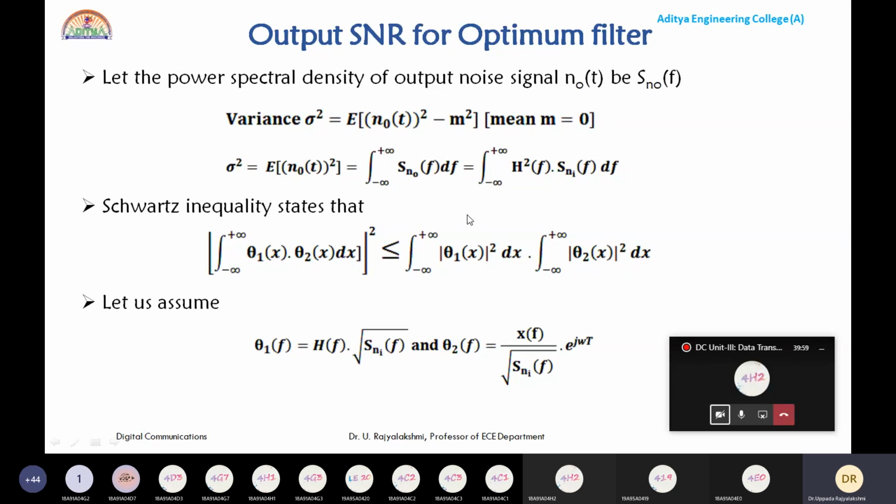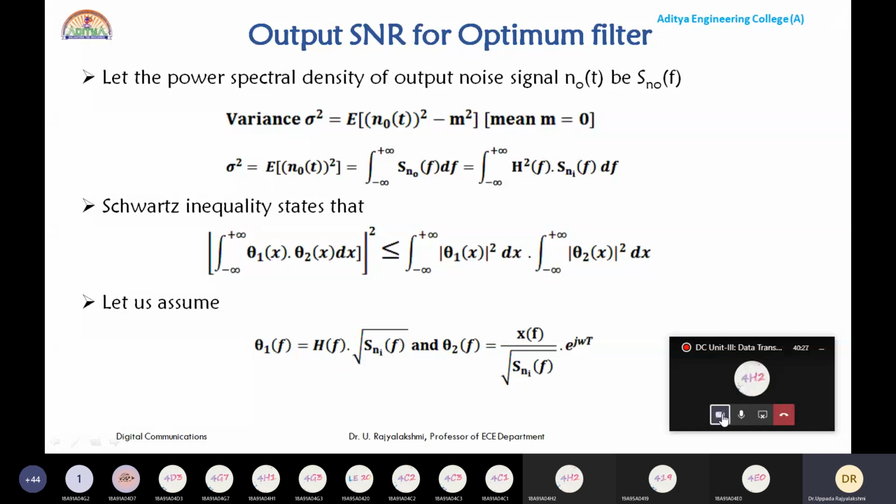What is Schwarz inequality? It states that the square of integration of product of any two functions in time domain or frequency domain is always less than or equal to the product of integration of squares of individual functions.